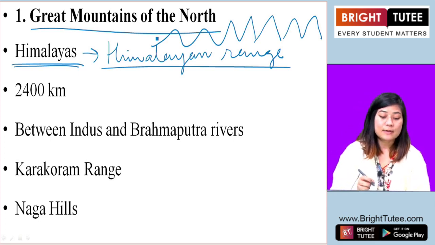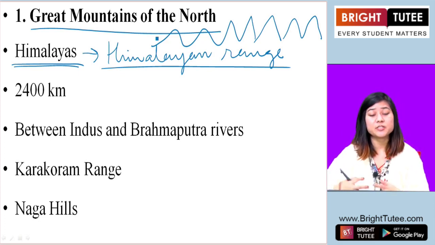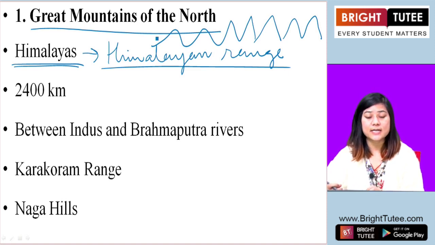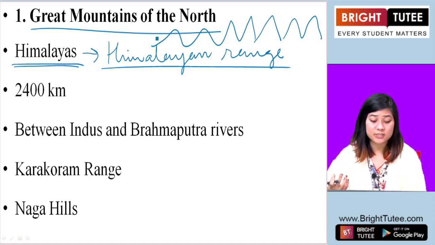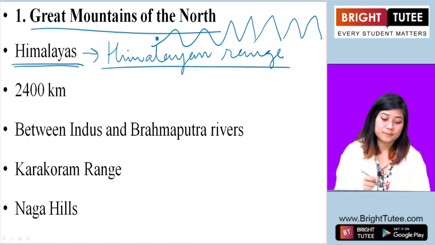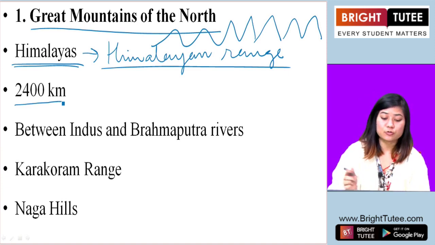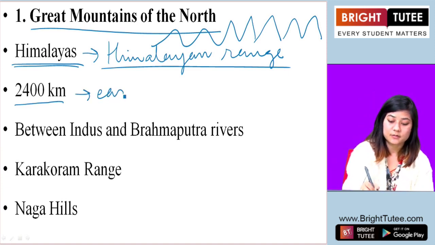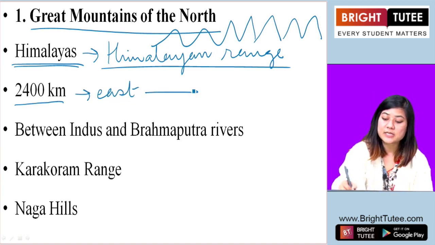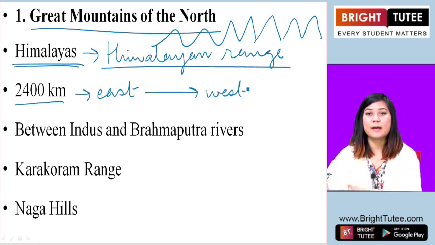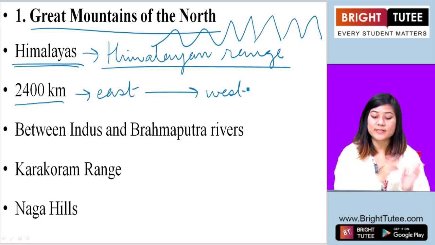This Himalayan range forms one of the unique features of India's physiographic divisions, the Great Mountains. It stretches from east to west, or you can also say from west to east.